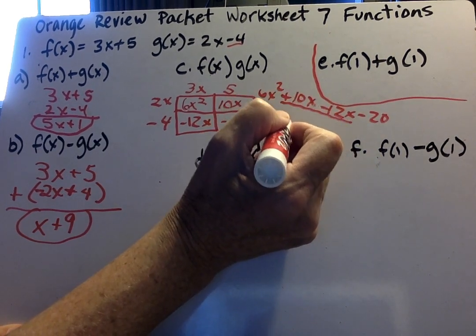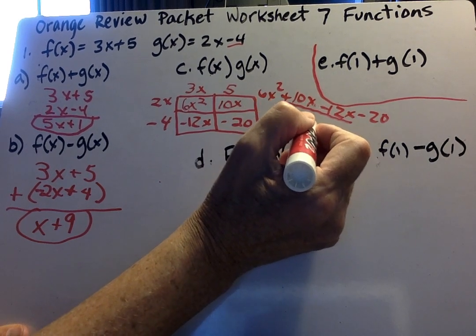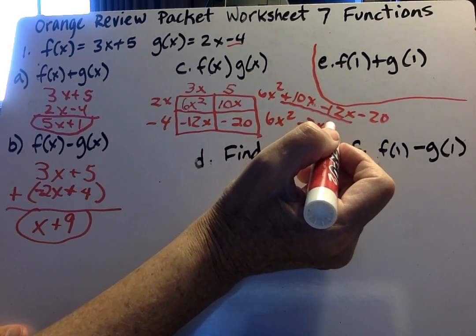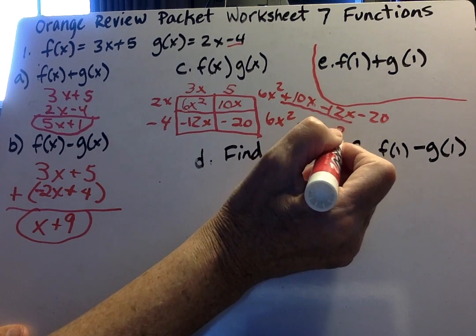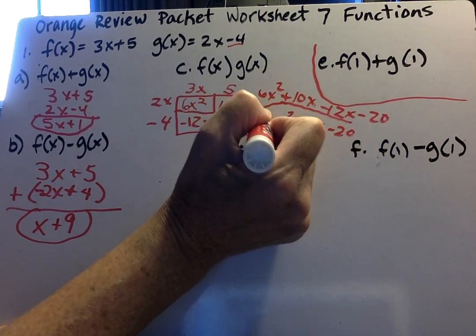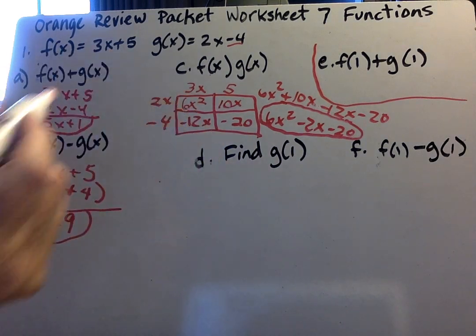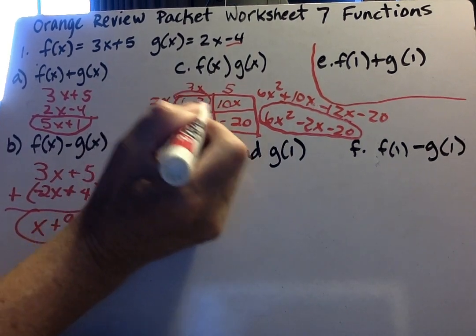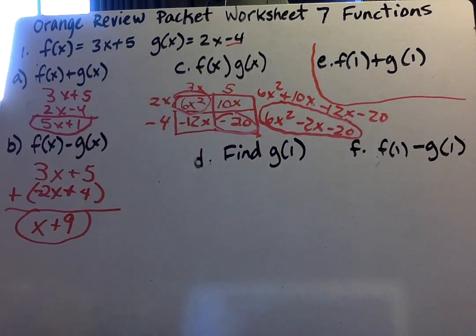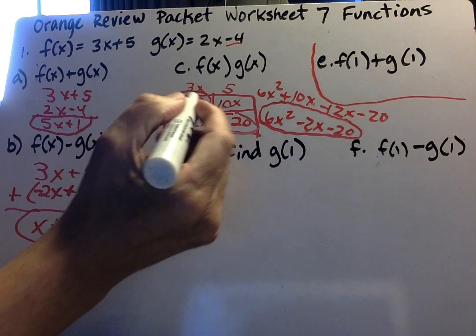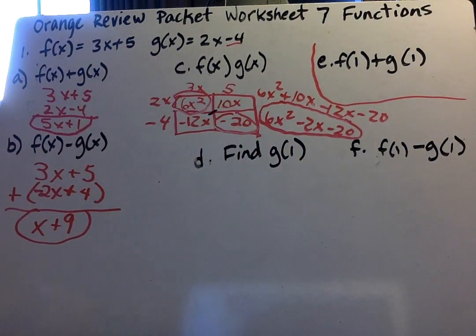So we get 6x squared minus 2x minus 20. And there you have it. So again, this usually stands by itself right here, and this usually by itself, and it's the sideways ones here that generally will combine. Okay?